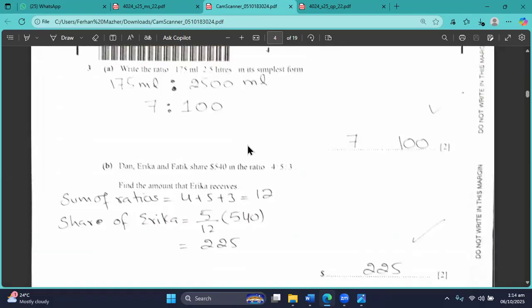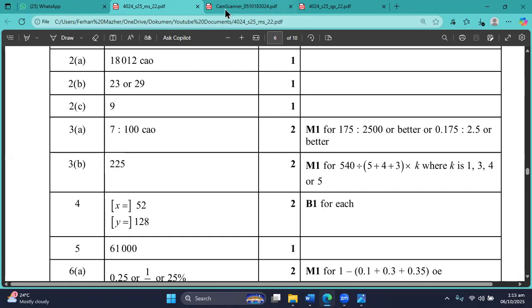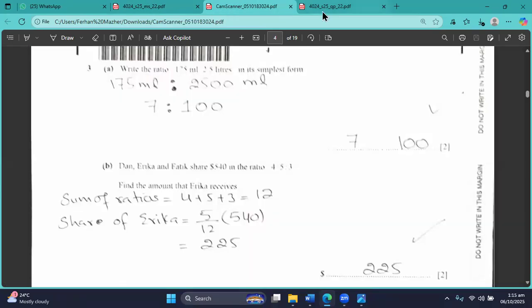Every liter has 1000 ml, so 2.5 liters will be 2500 ml. So 175 ml to 2500 ml. Divide both sides by 25, and it's 7 to 100. So 7 to 100 is the right answer. This is how you do it.